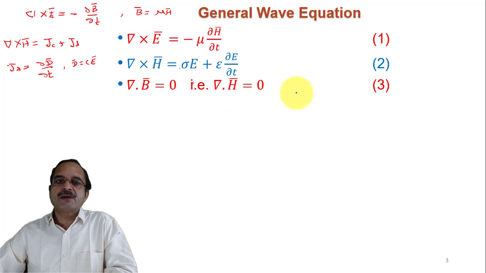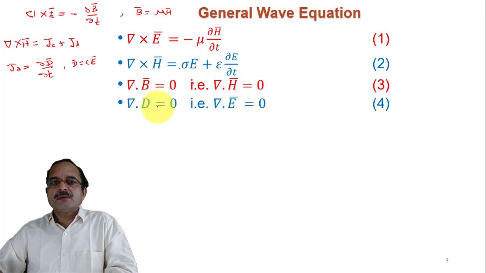This is our equation number 3. We also proved earlier that in case of electric fields, the divergence of D is equal to 0, or substituting D equal to epsilon E, divergence of E is equal to 0. So these are our 4 equations from which we find out the corresponding wave equations.